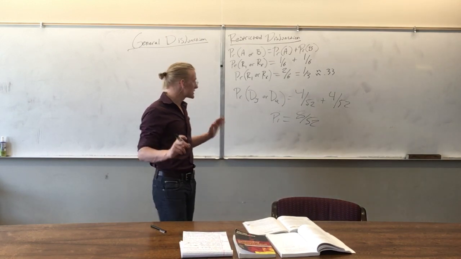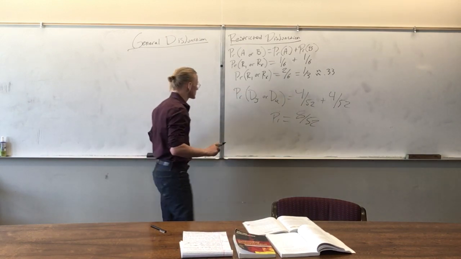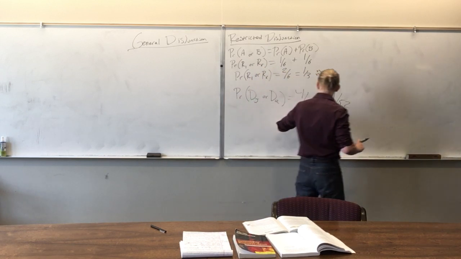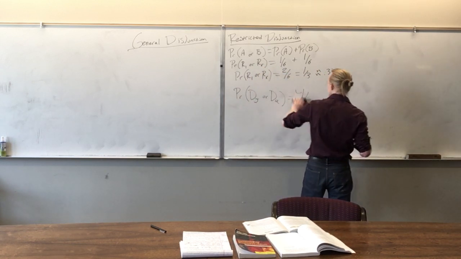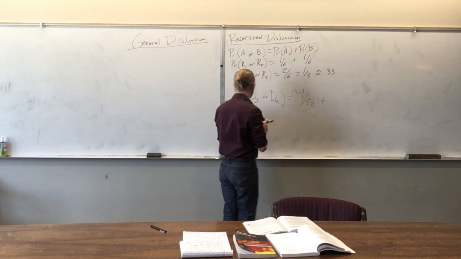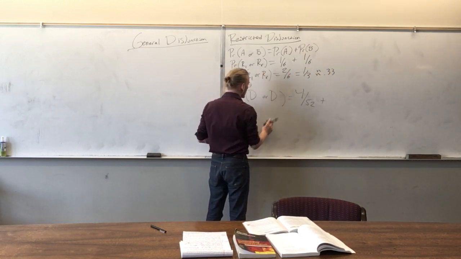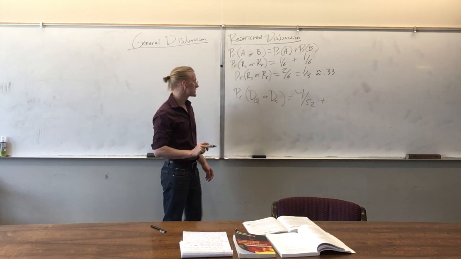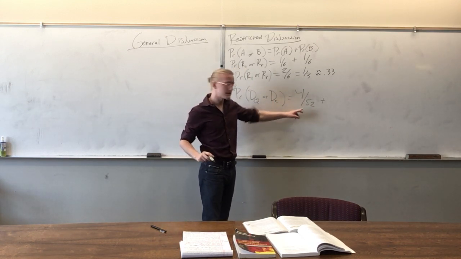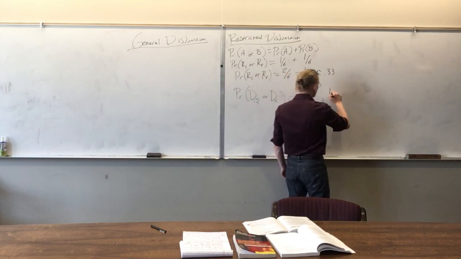If we were to just calculate this with our restricted disjunction rule, we would get the following probability. So what's the probability of drawing a queen or a club, right? So there's 4 queens in the deck, and there's 13 clubs.